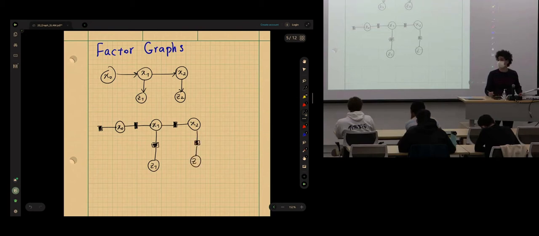So this is a modeling framework. It is more general than SLAM. SLAM is one particular type of problem we are modeling using this framework.